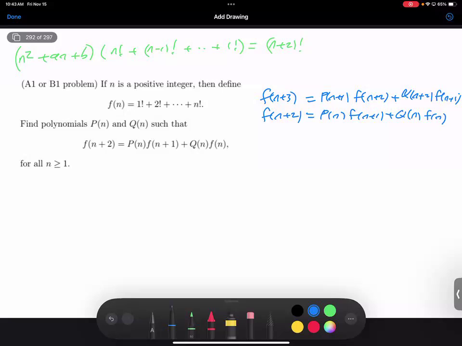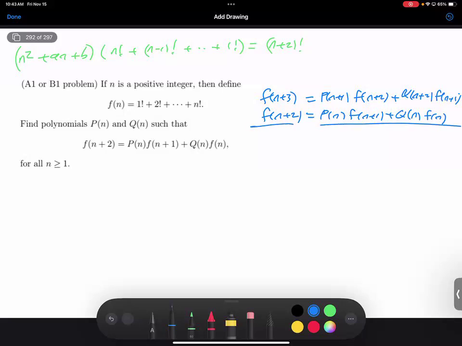If we look on the other side, things become a little bit nicer if we multiplied the first one by p_n and the second one by q_{n+2}, then the F_{n+1} terms would cancel. But then you have all these different things coming in. It's not immediately clear to me what's the right thing to multiply by, but the hope is that if we now subtract, we're going to get things very nice.